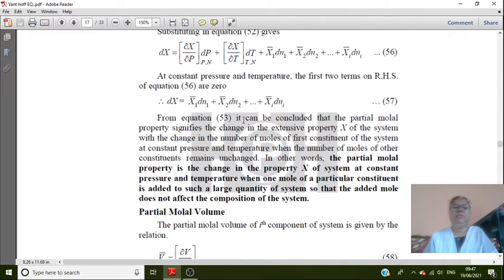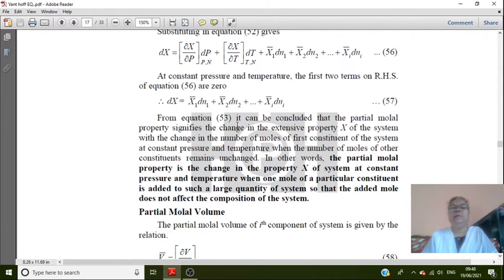Then from equation 53 it can be concluded that the partial molar property signifies the change in the extensive property X of the system with change in number of moles of the first constituent of the system at constant pressure and temperature, when the number of moles of other constituents remains unchanged.